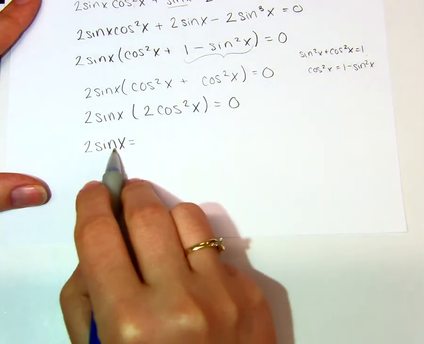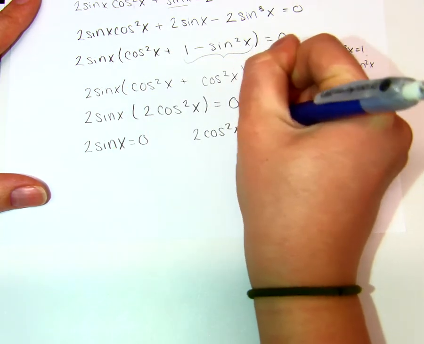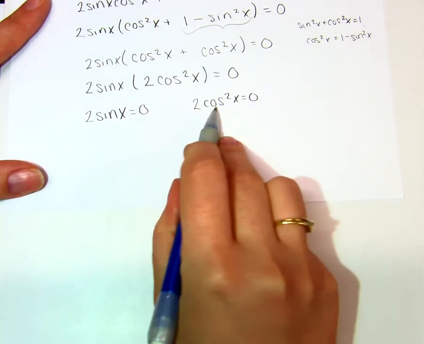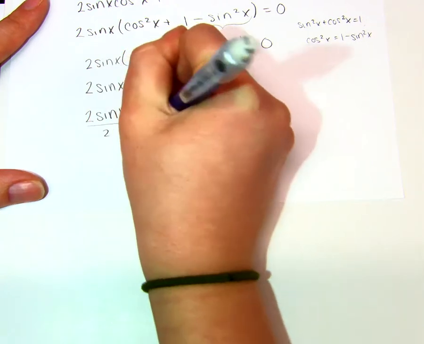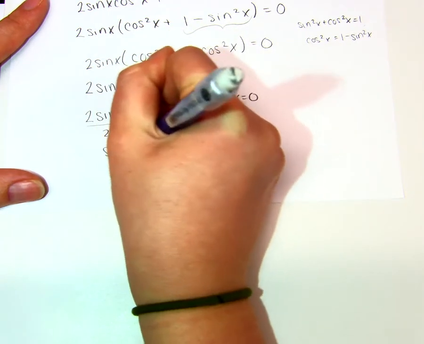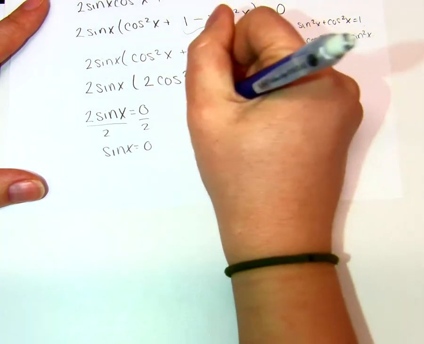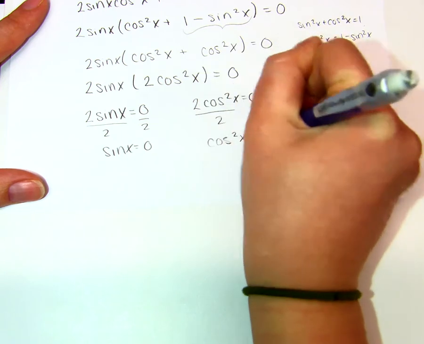So I would set 2 sine x equal to 0, 2 cosine squared x equal to 0. And then I want to solve for sine and cosine. So this one's easy. I would divide by 2. So I have sine x equals 0. And this one, I would also divide by 2. And I get cosine squared x is equal to 0.